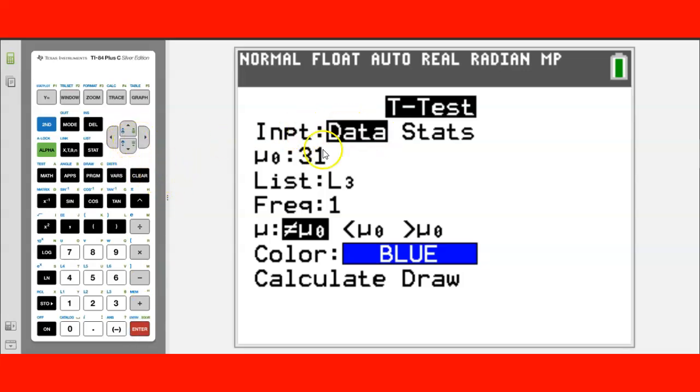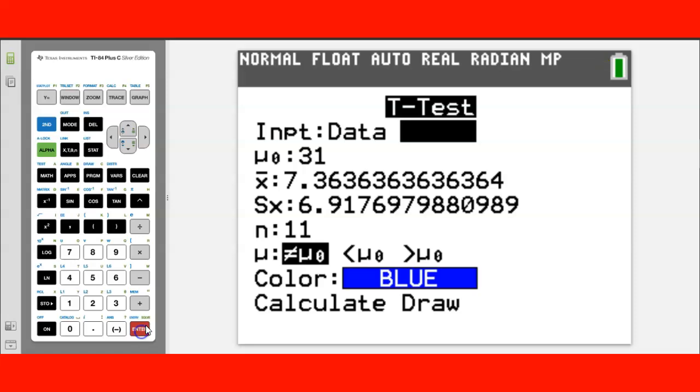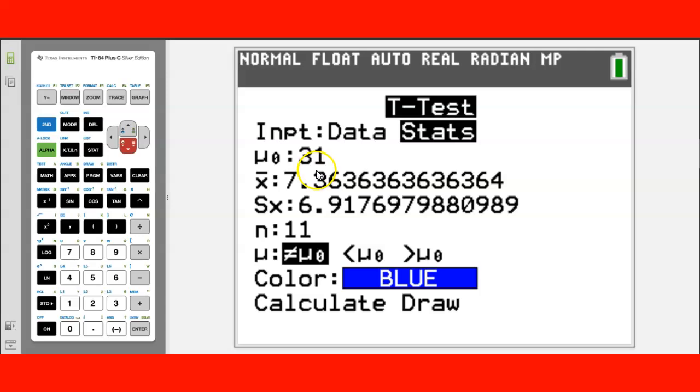The data that I know, I don't have it in a list 2 or 3 or 1 or whatever. I don't know the individual data for all 50 pineapples from the sample. I do know the summary statistics because of that stuff that was listed from Minitab. The mean for my null hypothesis was 31.